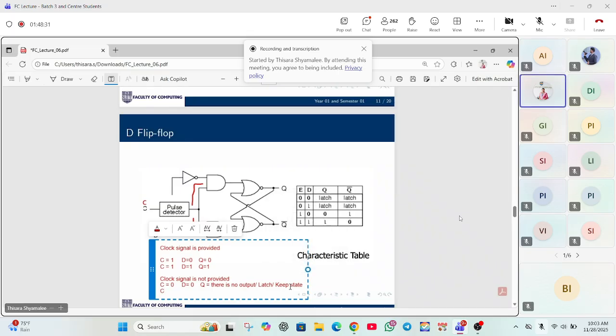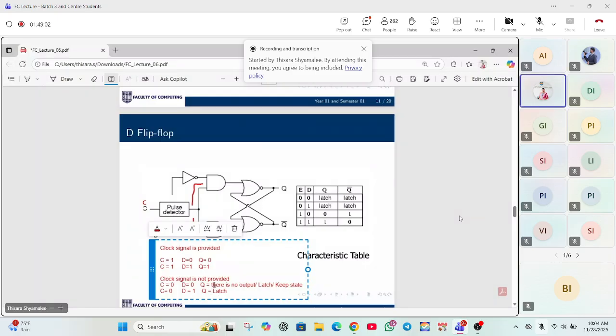Same as when C equals 0 and the D value becomes 1, that one also latches.